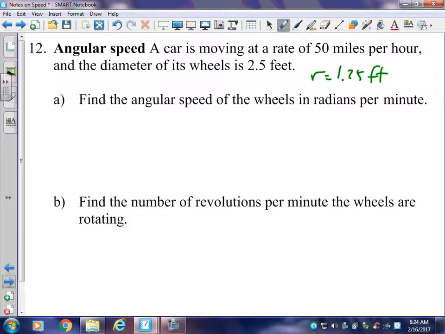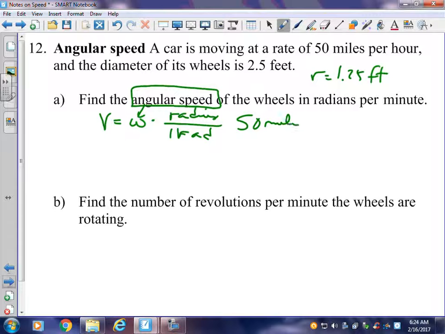So we're going backwards. We're starting with velocity, and we're going to take the formula for radius over 1 rad, plug in what we know, and solve for omega. That'll help us find angular speed, because that's omega. So first, our units aren't right, because we have 50 miles an hour, but the problem wants feet and the problem wants minutes. So let's convert. 1 mile is 5,280 feet.